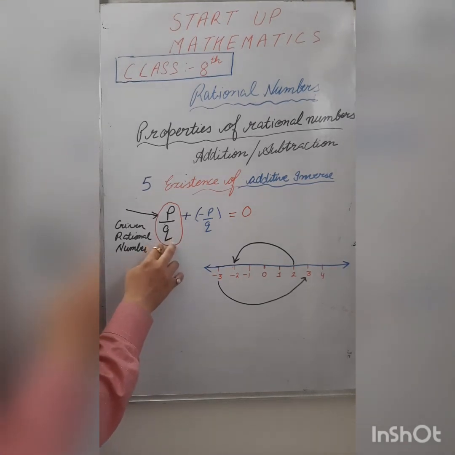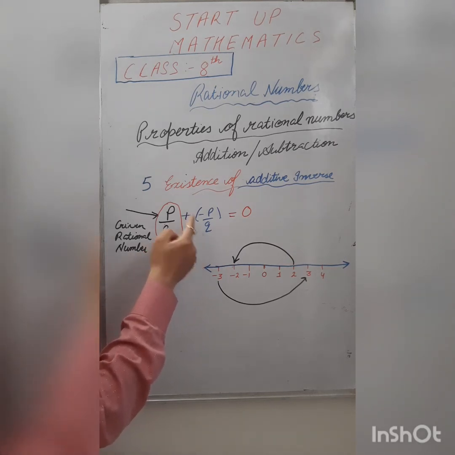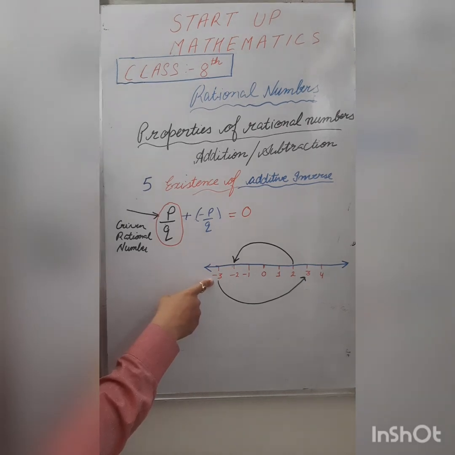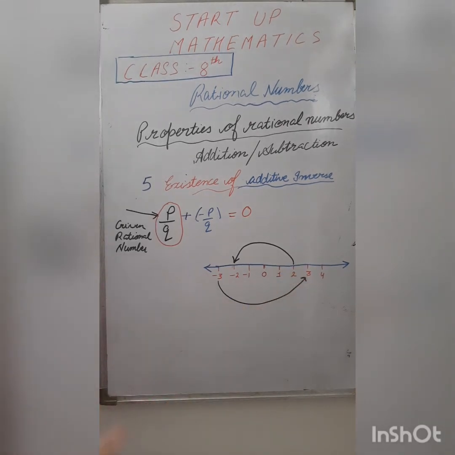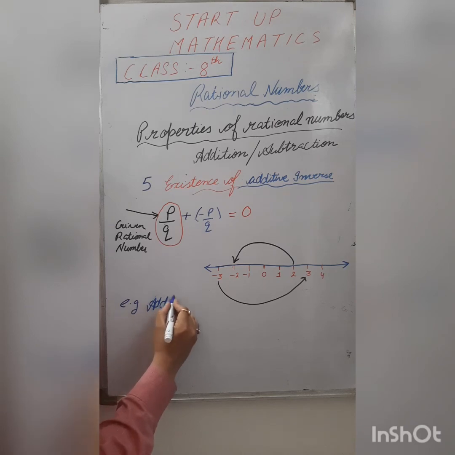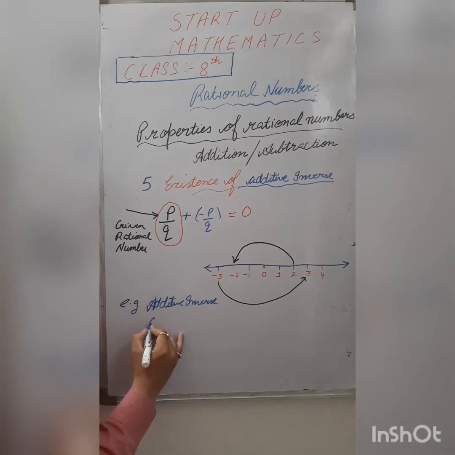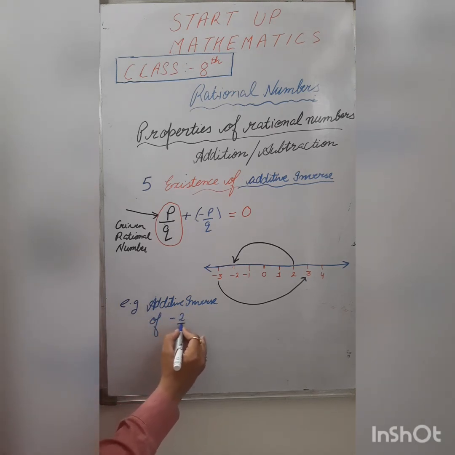Whether it is a positive number or a negative number: if you are considering a positive number, you will take its negative number as its additive inverse. If you are taking a negative number, its additive inverse is a positive number, just the opposite sign. For example, what's the additive inverse of minus 2 by 3?